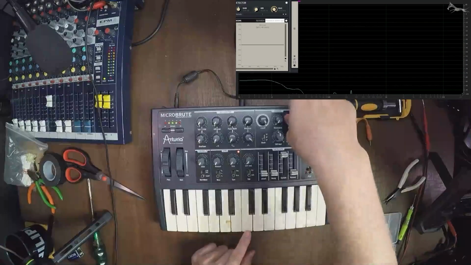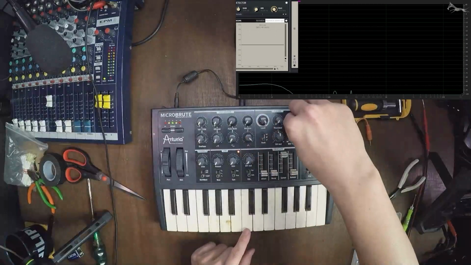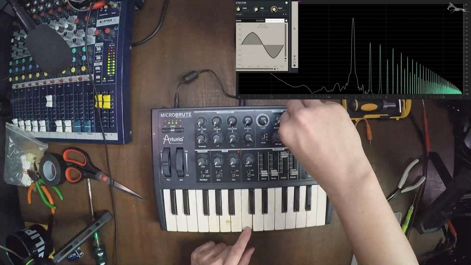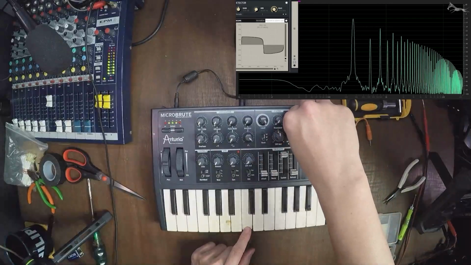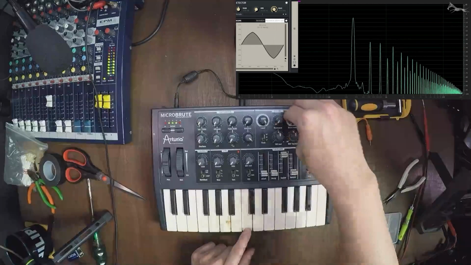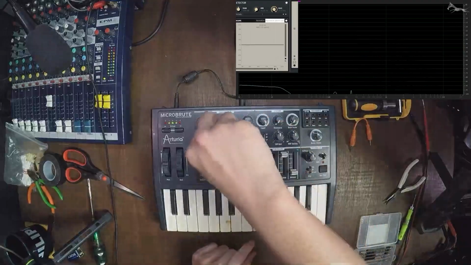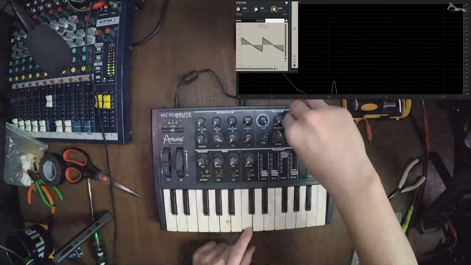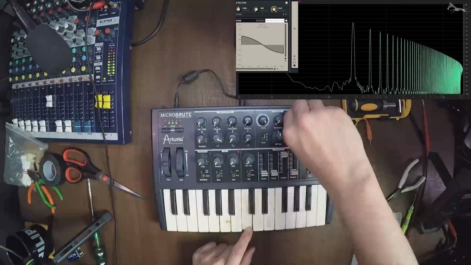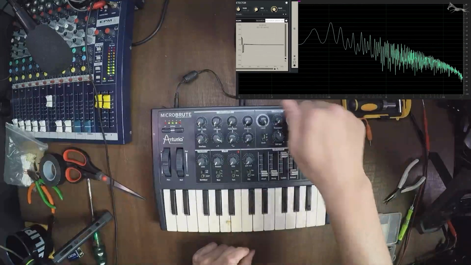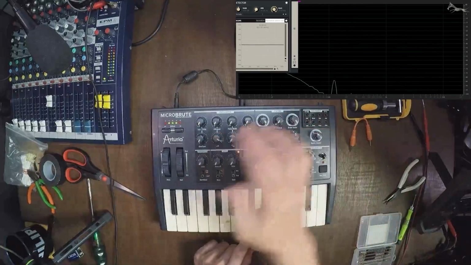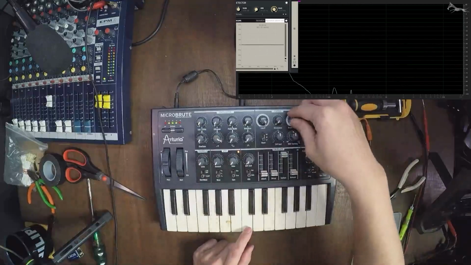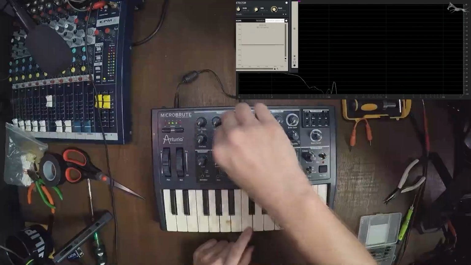That's interesting. Why is it smooth on the triangle wave? All right, that's a good thing. We're gonna try a sawtooth. Okay, we still have noise on that. So I'm not sure why it's exhibiting that behavior.